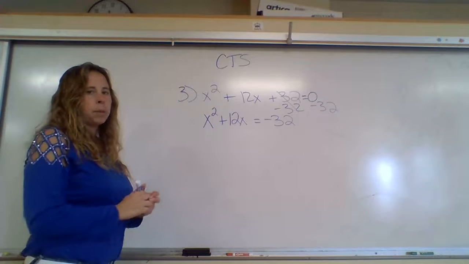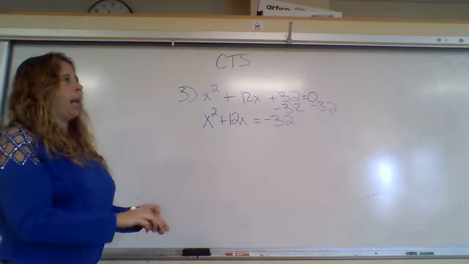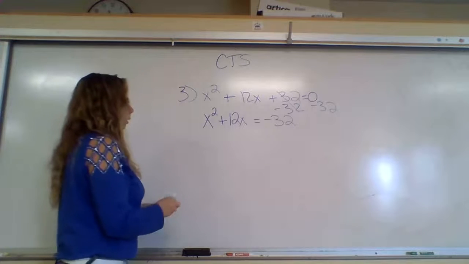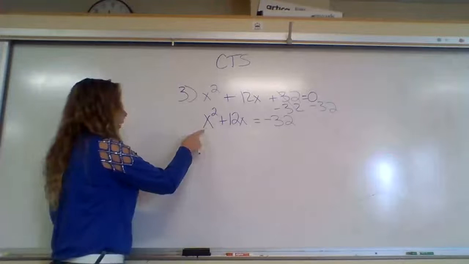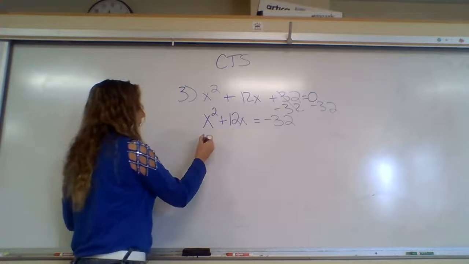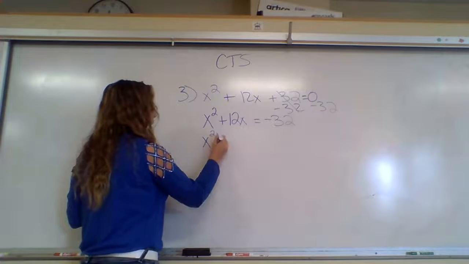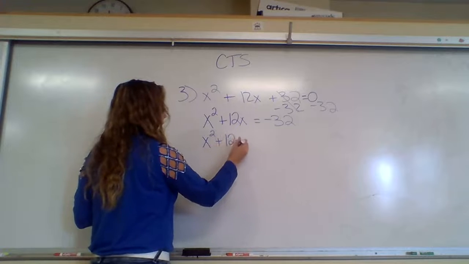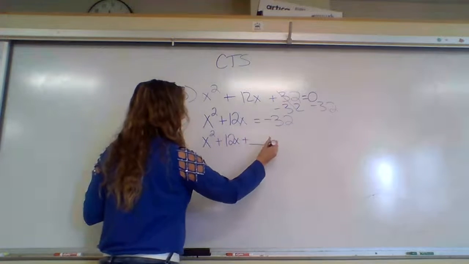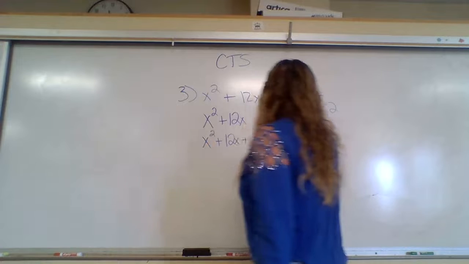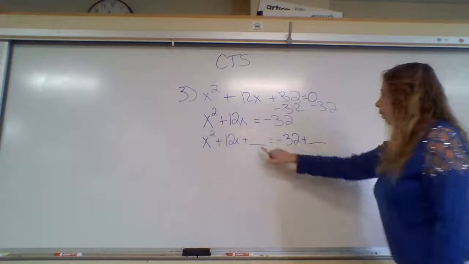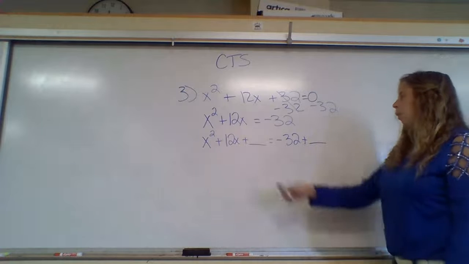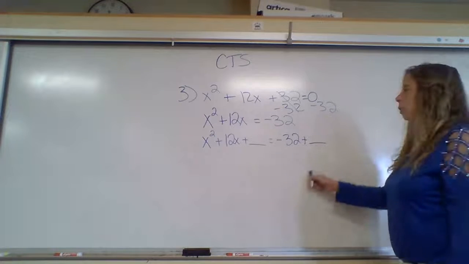So x squared plus 12x equals -32. Now you're going to complete the square on this side. So x squared plus 12x plus something equals negative 32 plus whatever this number is, because whatever I do to one side of my equation, I must do to the other side.